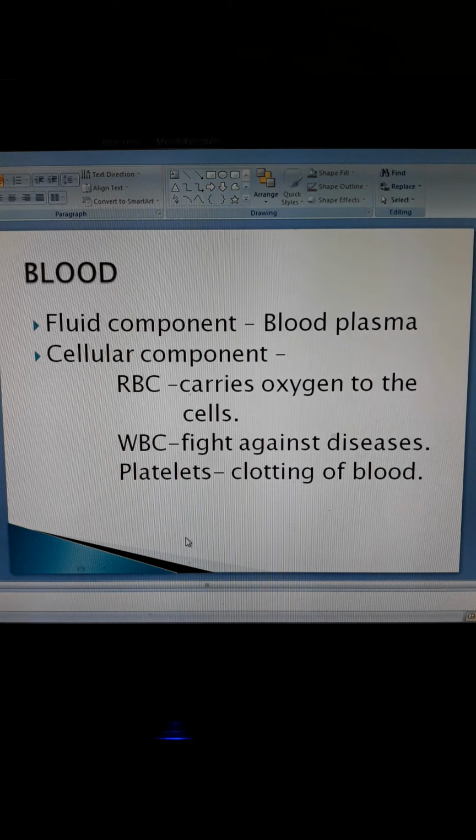Then blood platelets help in the clotting of blood. In case of injury, we see for some time blood may ooze out, but after some time it stops oozing out. It is because of a kind of protein present in the platelets, which helps to clot the blood at that time.